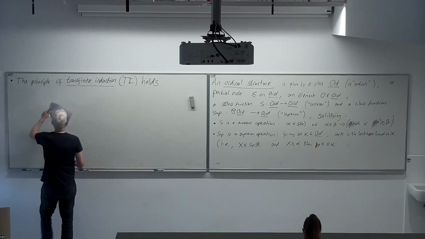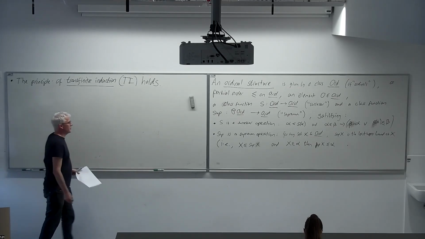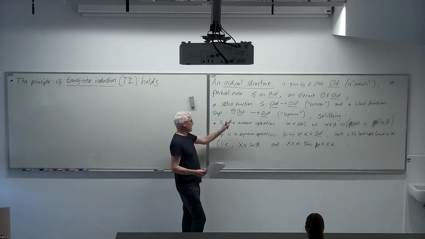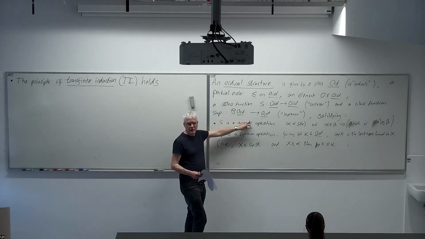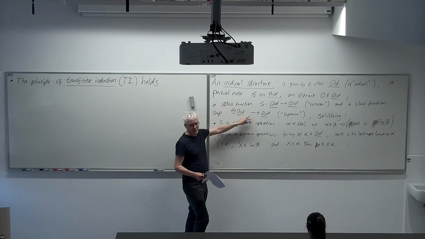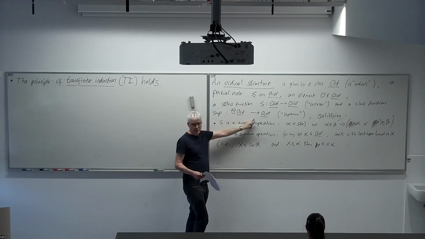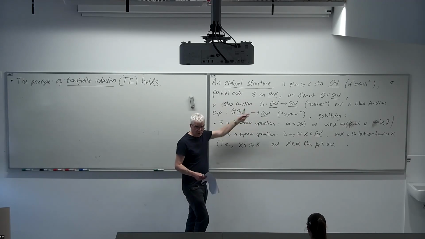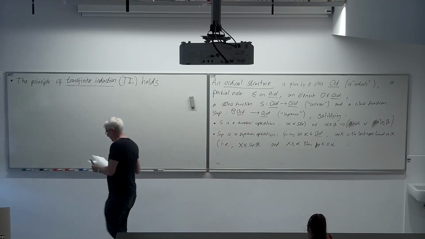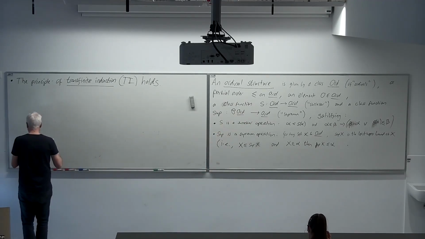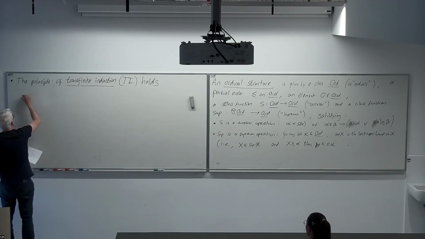And the principle of transfinite induction is basically going to do the same thing for the ordinals, including also the supremum operation. So if we have any subclass of the ordinals that contains zero, is closed under successor, and is closed under the supremum operation, then that subclass is the class of all ordinals.